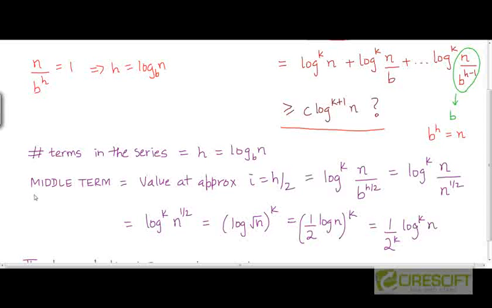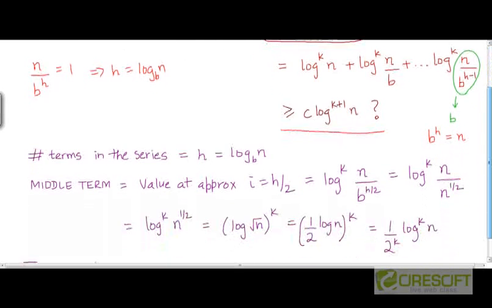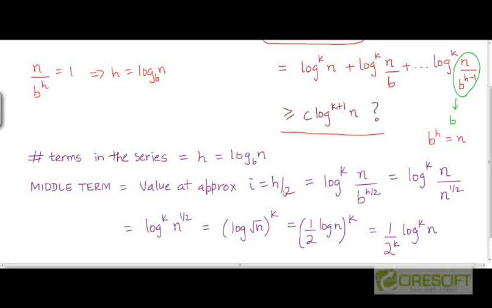So as a step towards that, let's look at the middle term of this series. The middle term of the series is the value at approximately i equal to h by 2, because we are starting with i equal to 0 and we are going approximately up to h. And the middle term will be log to the power k of n divided by b to the power i, but i is h by 2, so it will be b to the power h by 2.